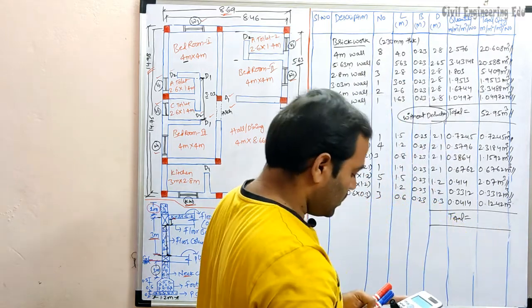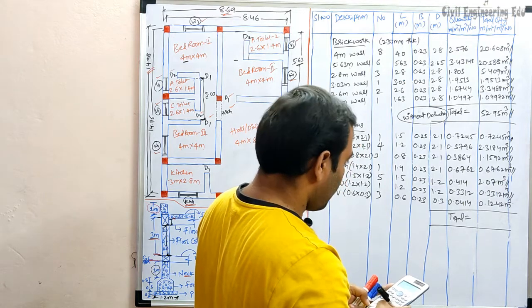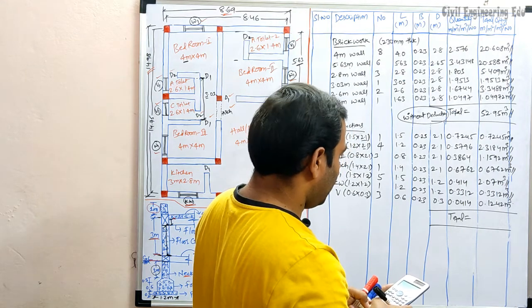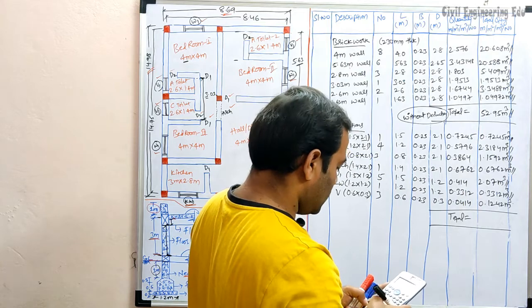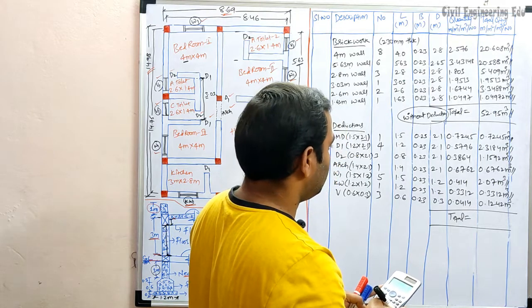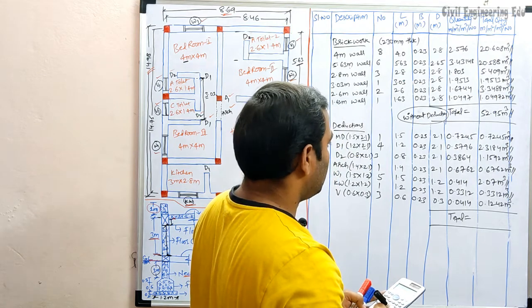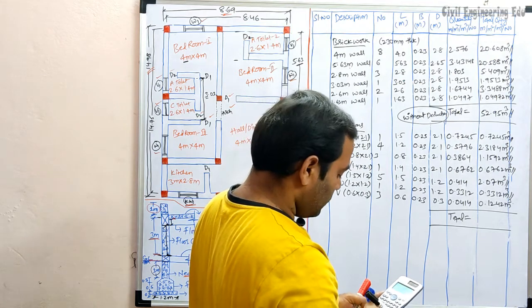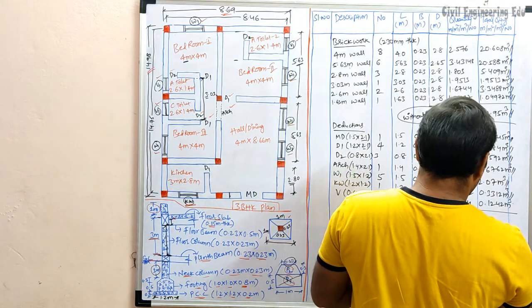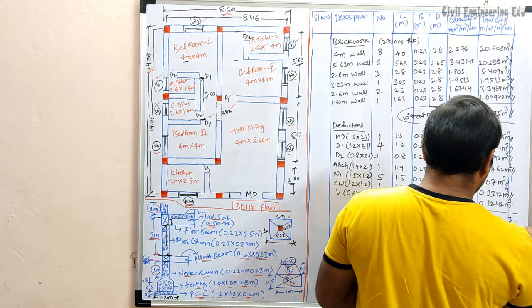Now we want total deductions. 0.1242 plus 0.3312 plus 2.07 plus 0.6762 plus 1.159 plus 2.318 plus 0.7245. So here we got 7.4033 meter cube.